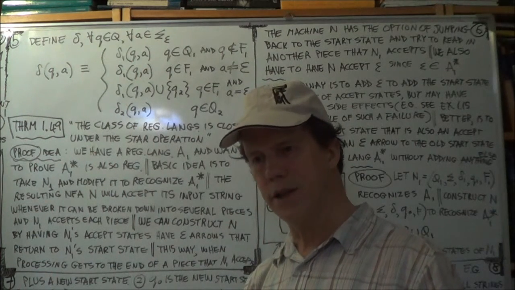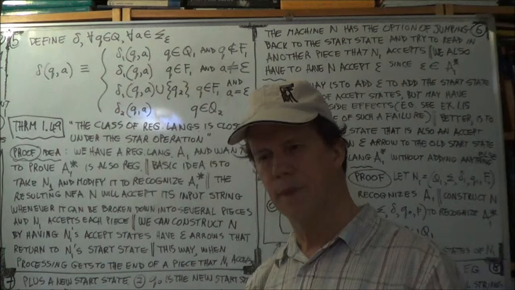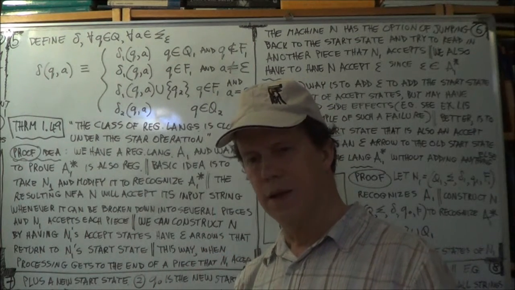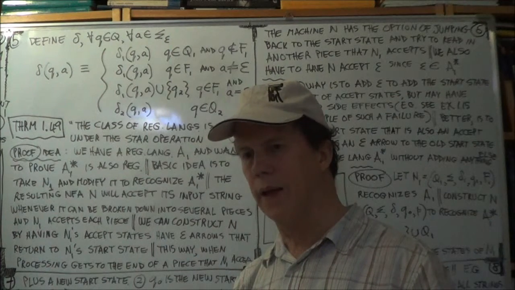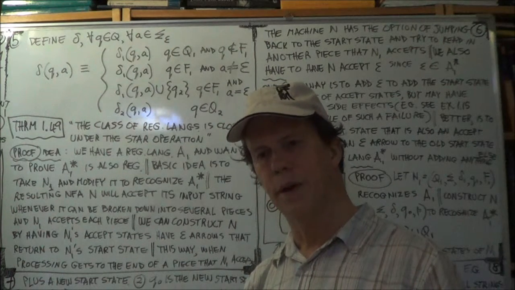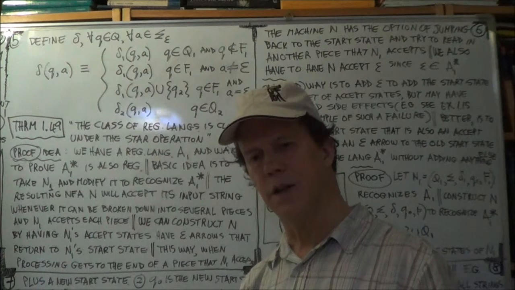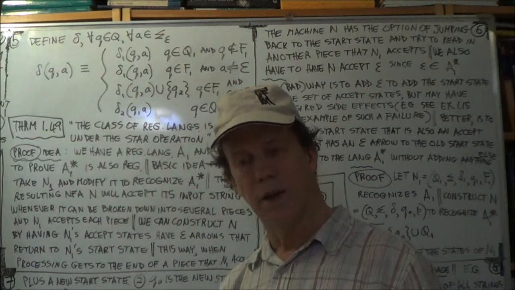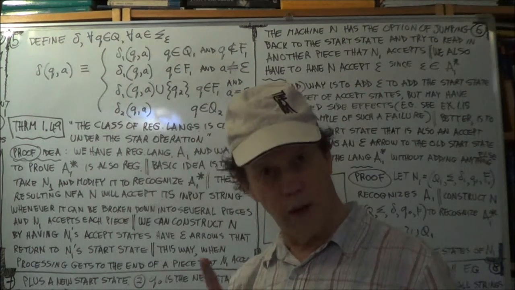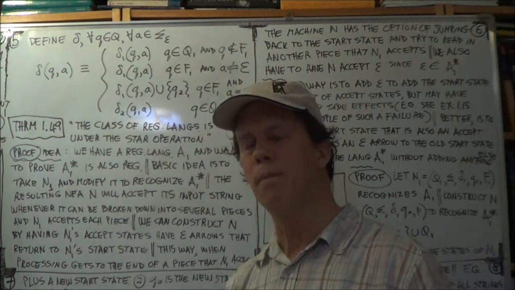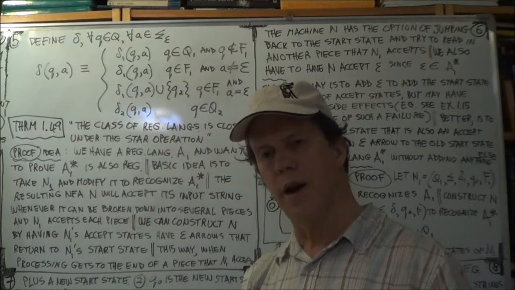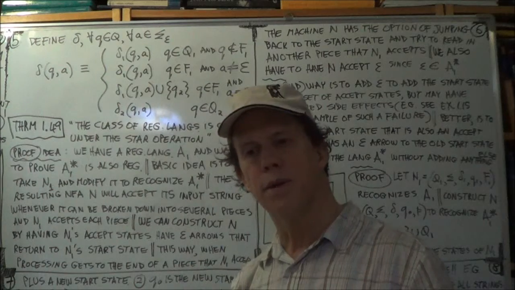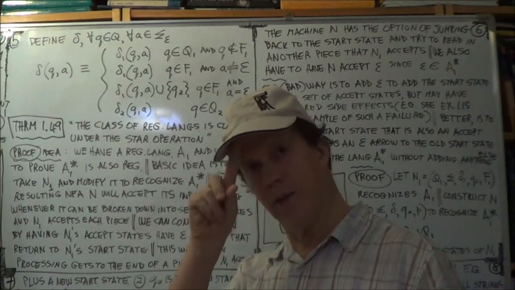The basic idea is that you send your string into N1, and if you end up in an accept state in your N1 that's a part of big N, well then you use the eta arrow to loop back to the start state of N1.